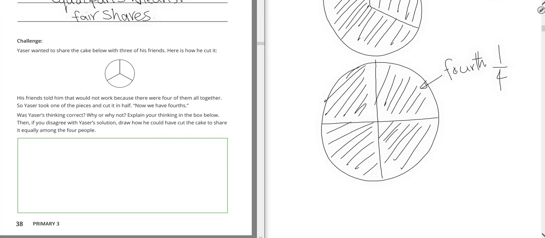Challenge. Yasser wants to share the cake below with three of his friends. Here is how he cut it. He cut it into three equal parts. His friends told him that would not work because there were 4 of them altogether. So Yasser took one of these pieces and cut it in half.